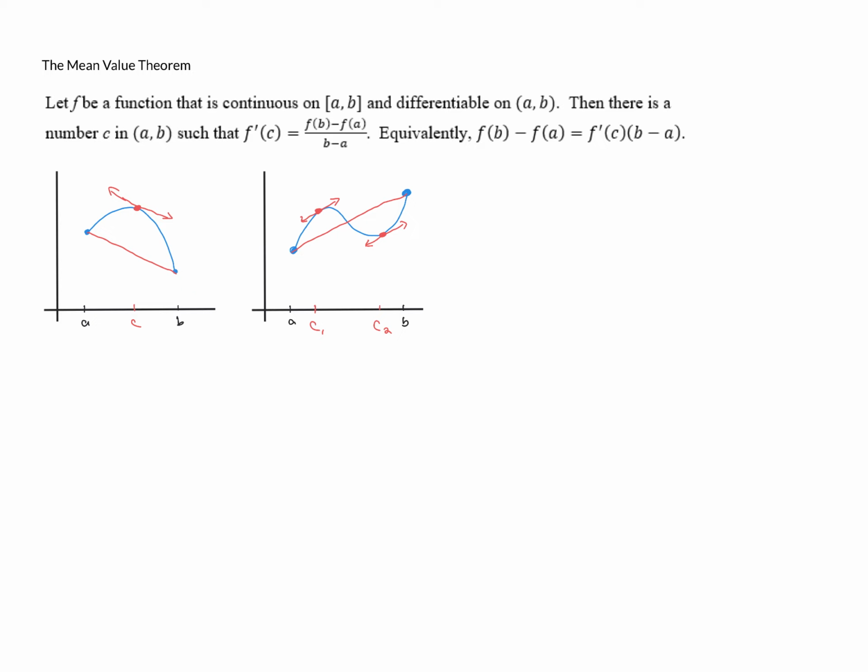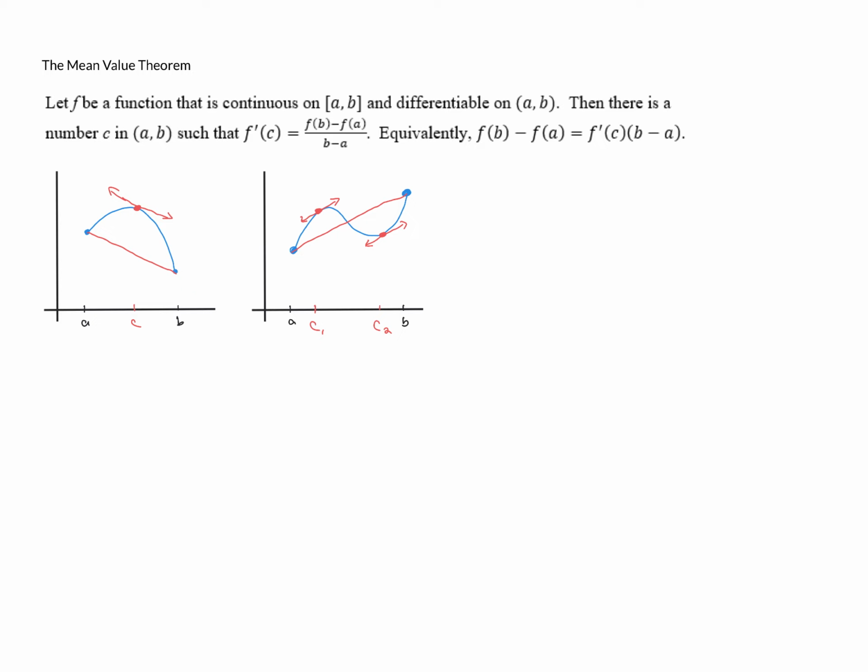They don't have video of you going 90 miles an hour at any moment. They just know that over the course of that interval, your average speed was 90. This theorem guarantees that there was at least one moment where you were driving 90 miles an hour.